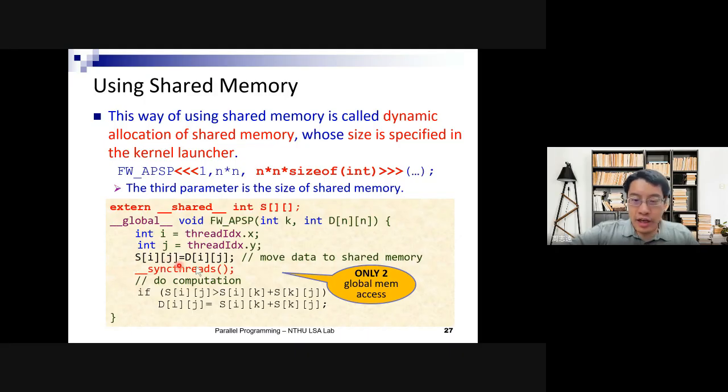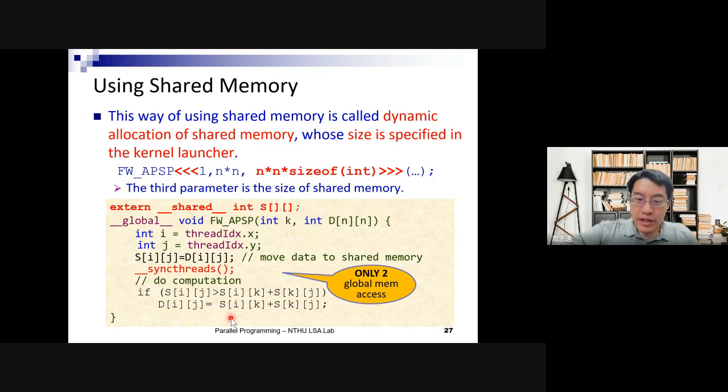And to copy the data means you will simply assign the data from the global memory address to a shared memory address, like shown over here. So this implies a data movement on GPU. This is how you move the data from the global memory to the shared memory. Of course, you can do the same in the opposite direction, like this.